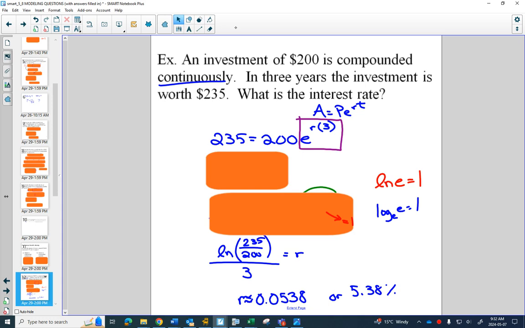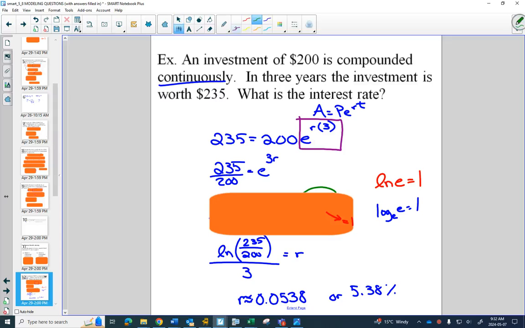Yes, I could divide both sides by 200. Now, if the base is e, using the natural log will make your math easier as well, because the natural log of e, which is like log base e of e, is equal to 1.